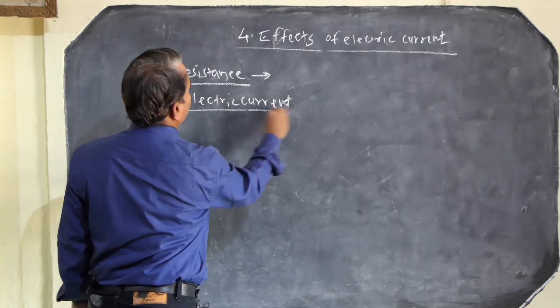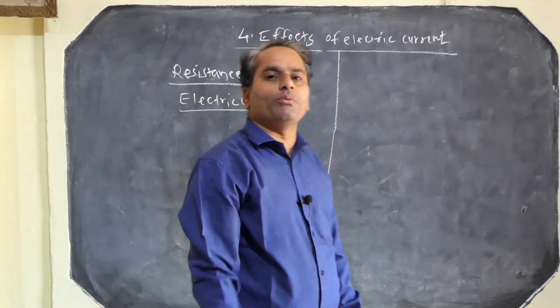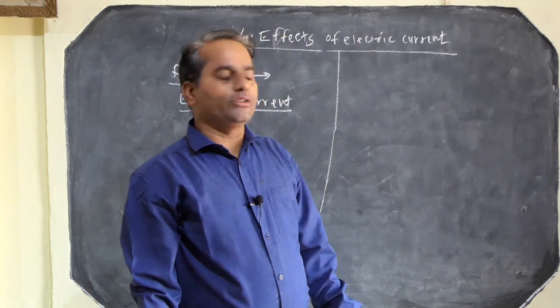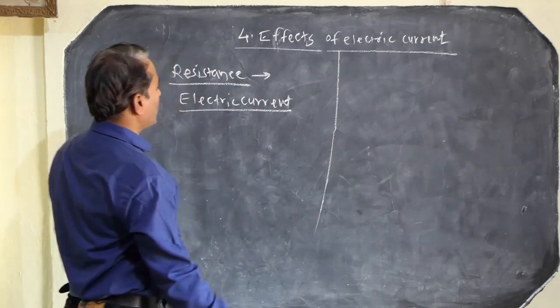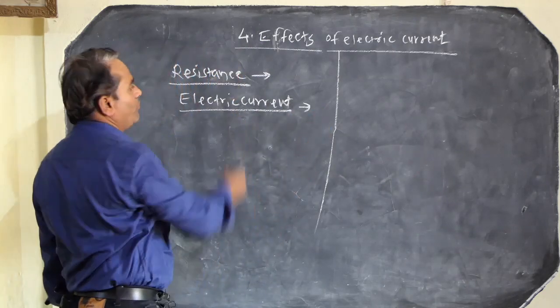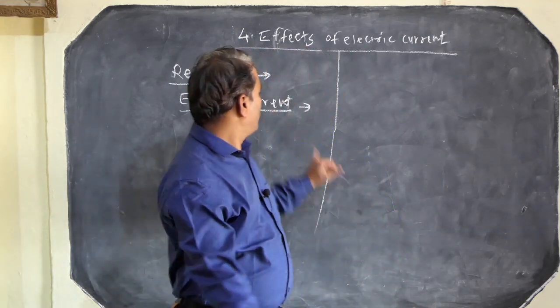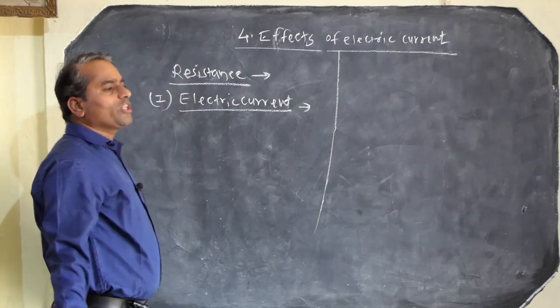So what is meant by electric current? Before starting this topic, let us recall these terminologies. First, the electric current, and after that the property of resistance. Now, first, the electric current. So what is meant by electric current?